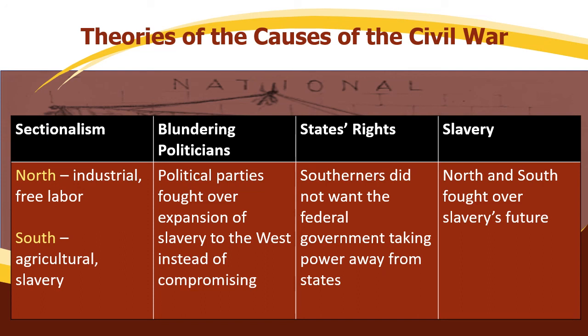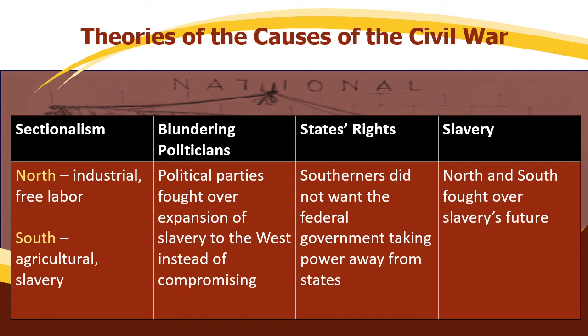There wasn't anything in these other theories that would have driven the U.S. to such a devastating conflict if there hadn't been the institution of slavery, the idea that owning human beings was right and that it was socially good and that Southerners needed to protect that at all costs.